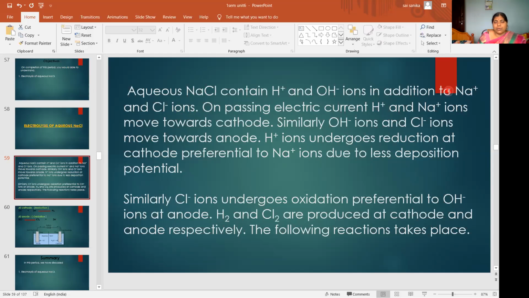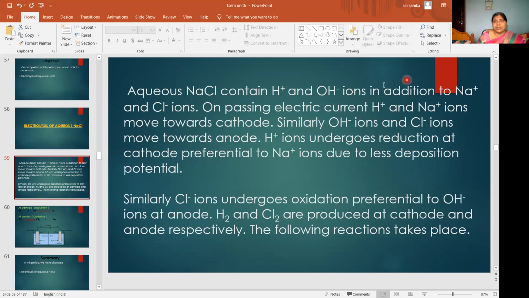This is very important. Whereas in fused NaCl, just Na+ and Cl- ions are present, in aqueous solution water is there, so H+ and OH- ions are also present.